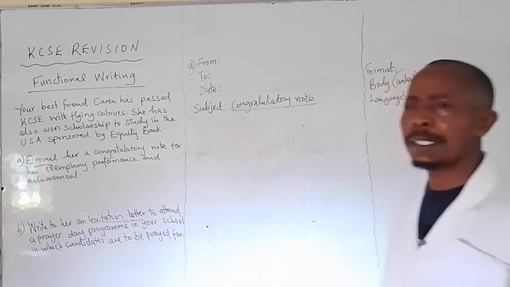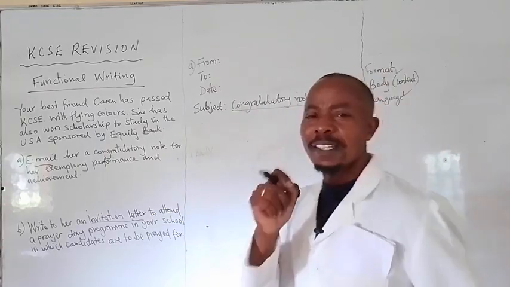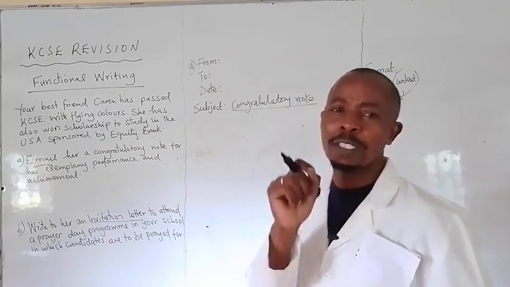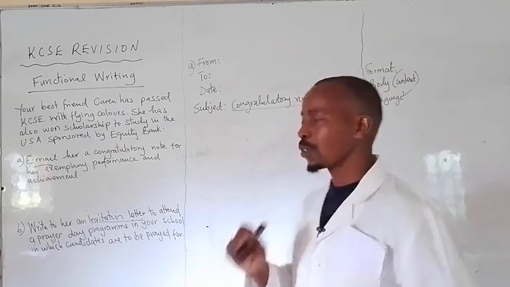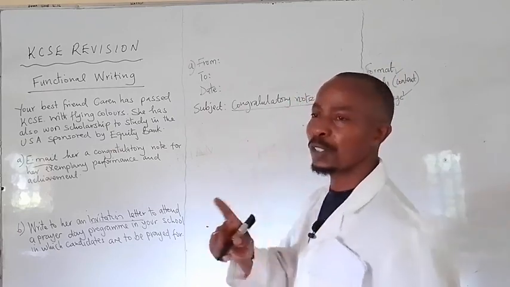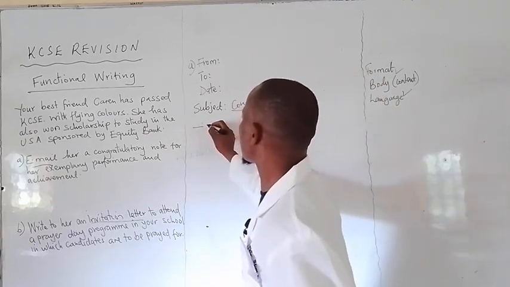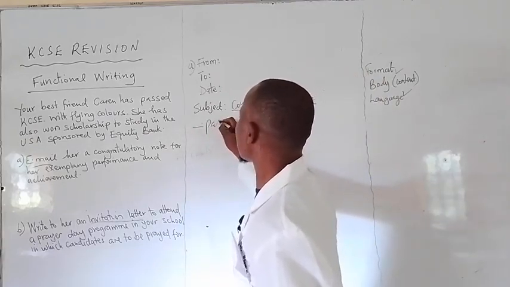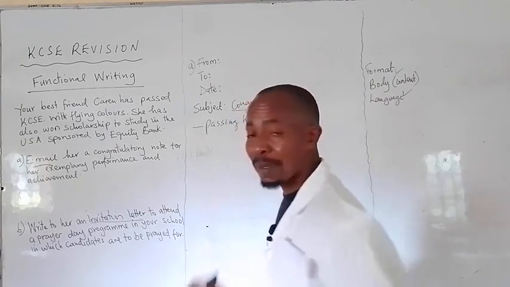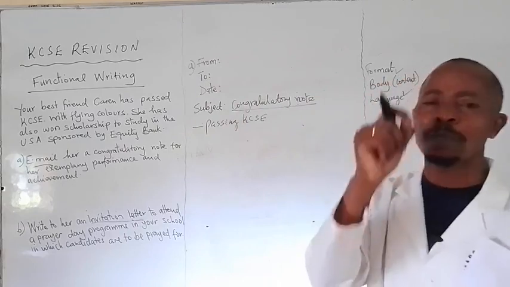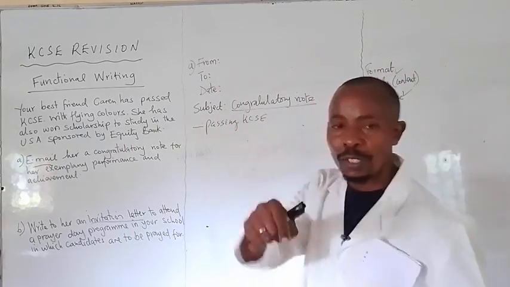Given that it is your friend, there are certain things that we need to know about a congratulatory note. We expect you to talk about the reason for the congratulations, which is here about passing KCSE. This friend of yours passed very well, so you must indicate the reason for the congratulation.